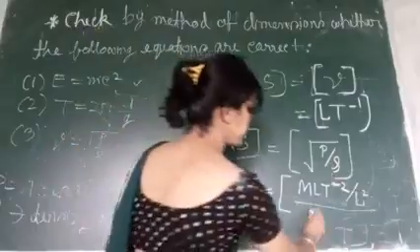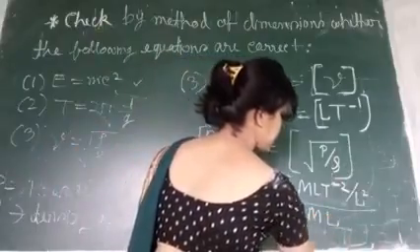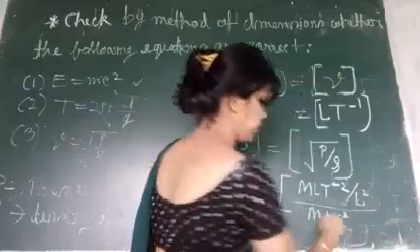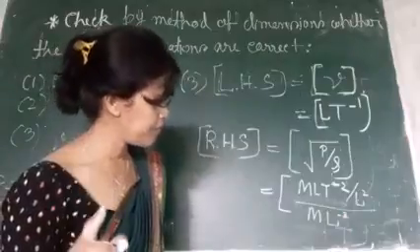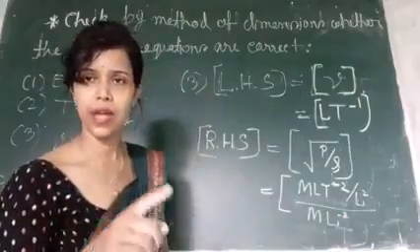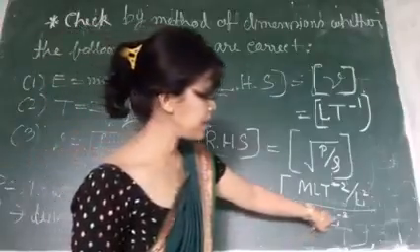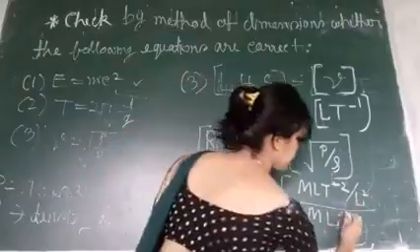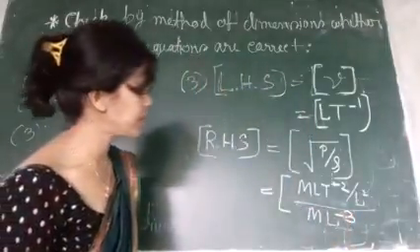For volume the dimension is L cube. Since it is M divided by L cube, we write here M L to the power minus 3.